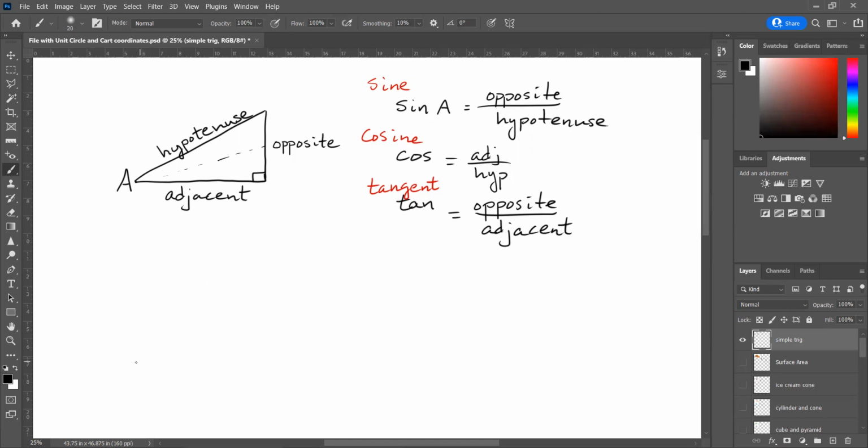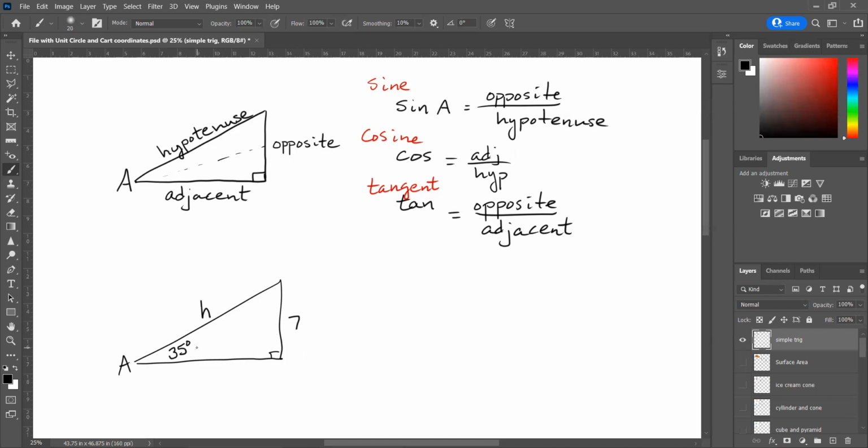So if I had a problem, again with the right triangle, that angle A, if they said that this angle was 35 degrees, for example, and they told me that this side length over here was a 7, and they wanted me to find the hypotenuse, then I could use this setup.